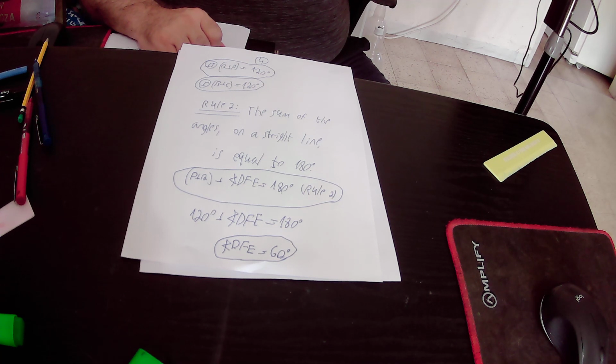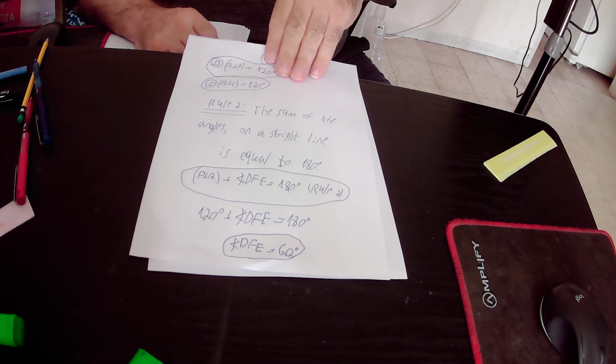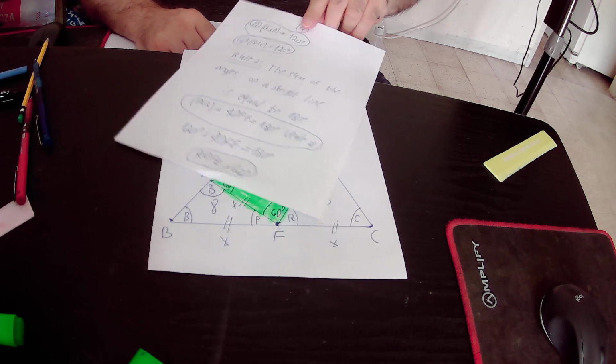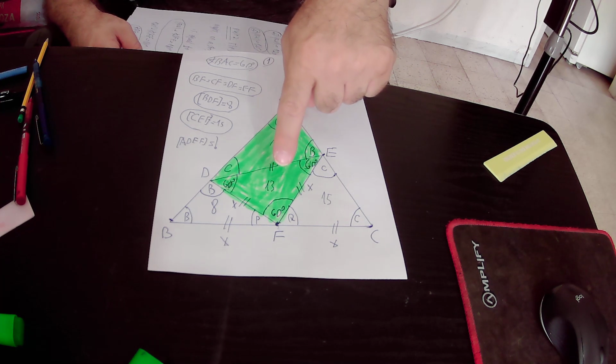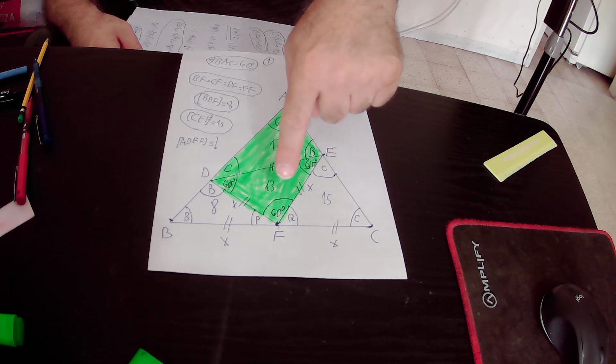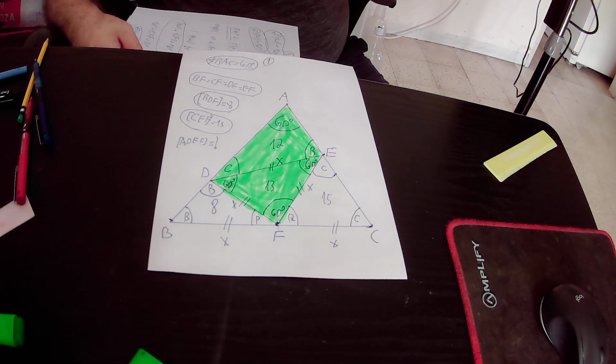Then we have rule number 2 that states that the sum of the angles on a straight line is equal to 180 degrees. Okay, we use rule number 2 in order to find out the value of this angle DFE.